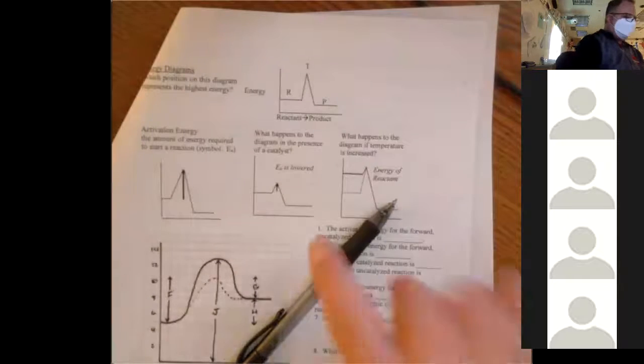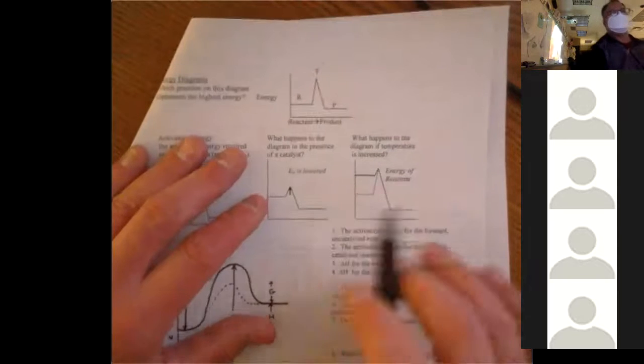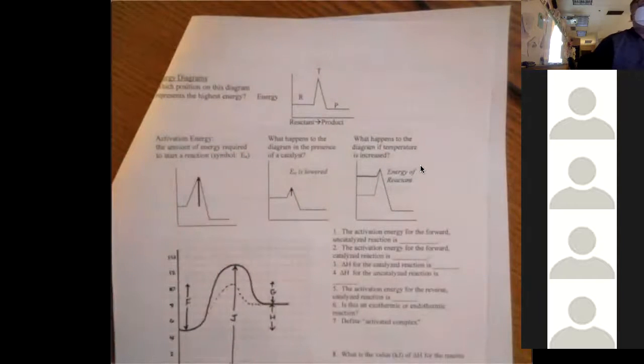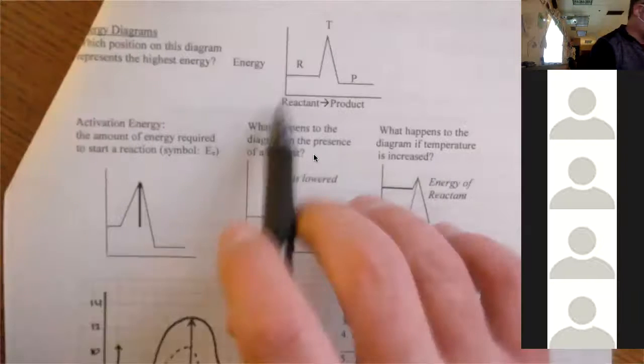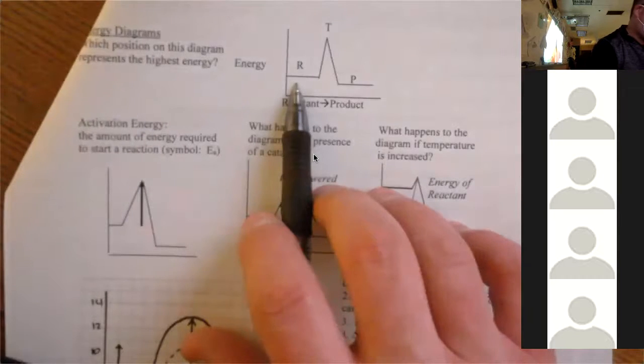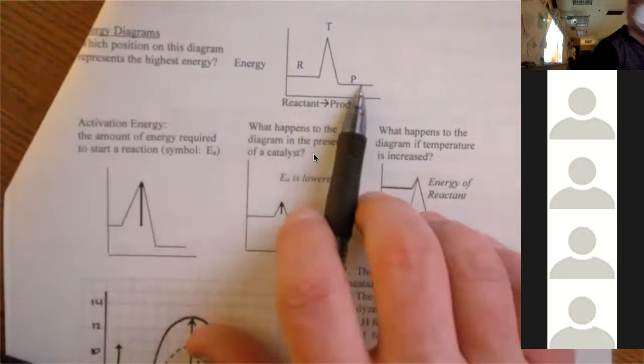Cool. Let's open to page 3 and check out these energy diagrams first today. These energy diagrams help us see how reaction progression goes. So if we take a look, on this side right here, we have the reactants. On this side right here, we have the products.